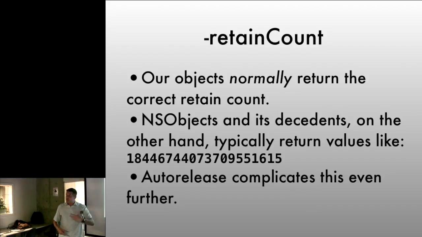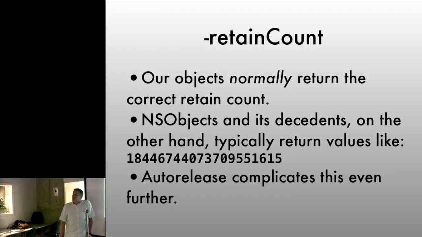NSObjects and internal Cocoa and Foundation objects will return values that look like this. Ginormous numbers that are usually like the maximum unsigned long number, the maximum number that can fit in an NSInteger or NSUInteger. Typically, the legacy reason for that is they're trying to protect you and not let you release things out from under yourself.